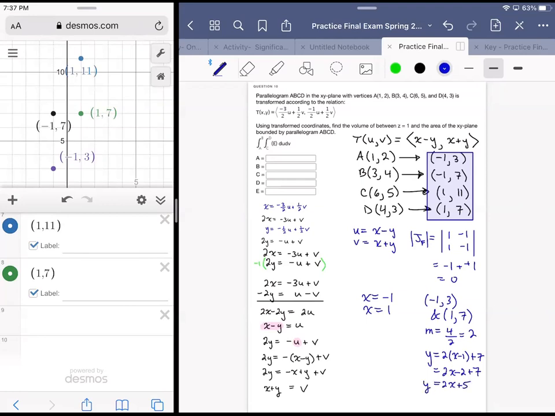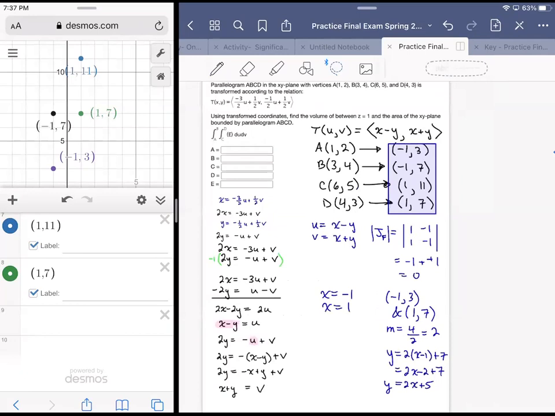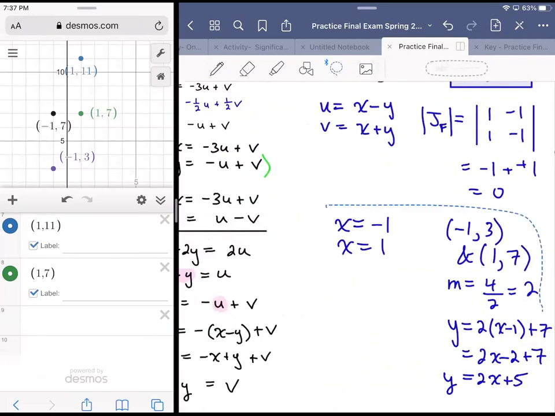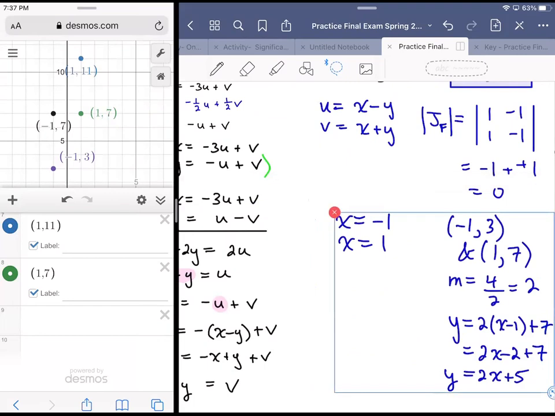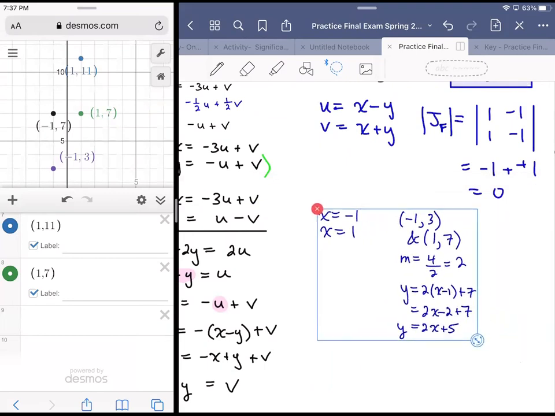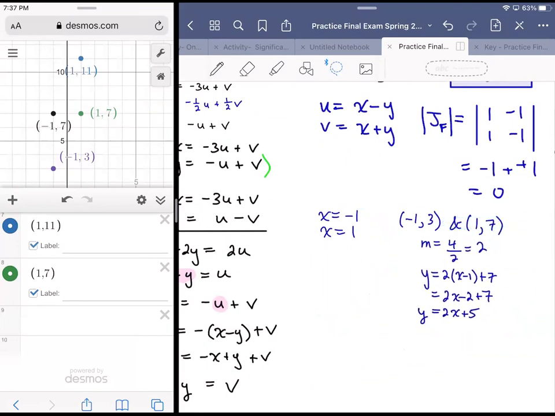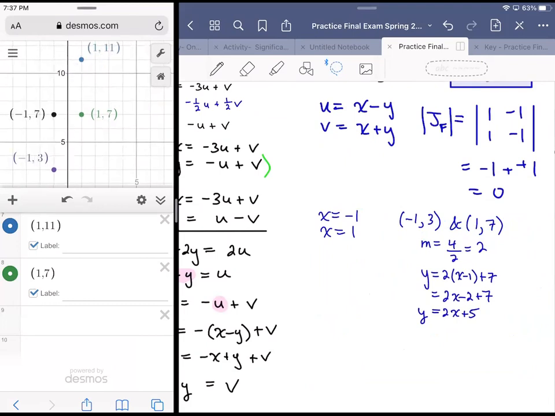And that's just assuming that you wanted to do it manually rather than just looking on the graph, because it is pretty easy to see on the graph what these equations would be. You can actually see where the y-intercept would be for each of them.